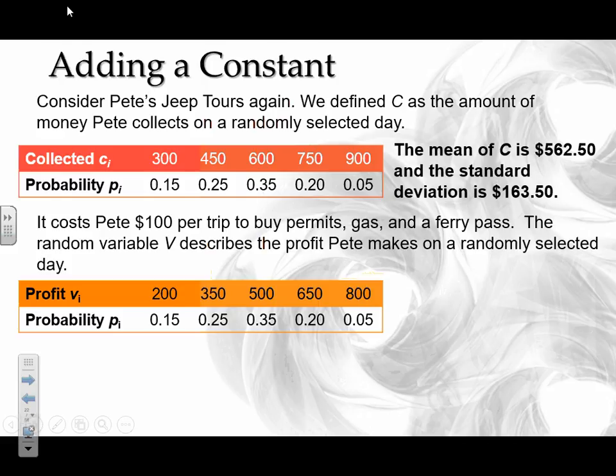So if our original mean was $562.50, what's the mean profit on a given day? Yeah, $462.50. Okay. Now, standard deviation.